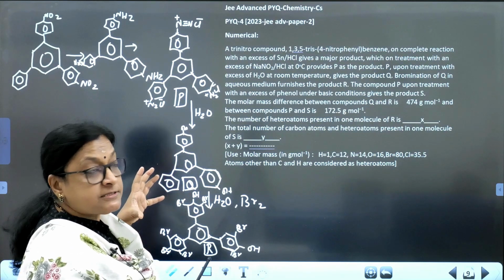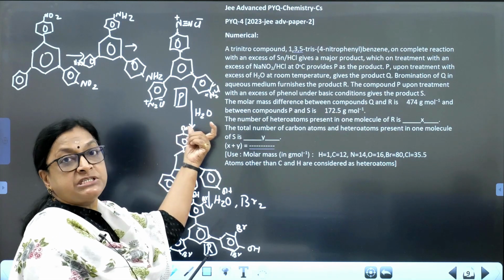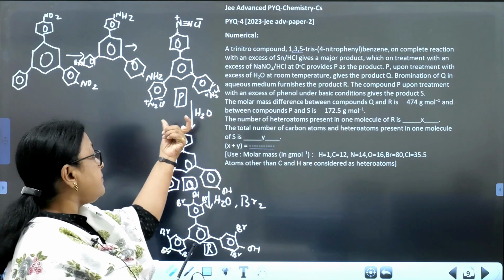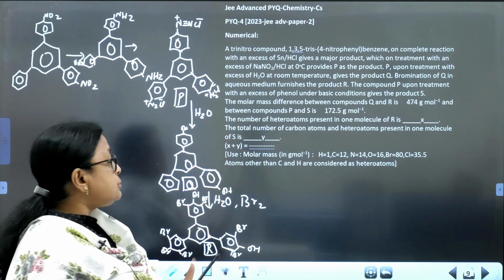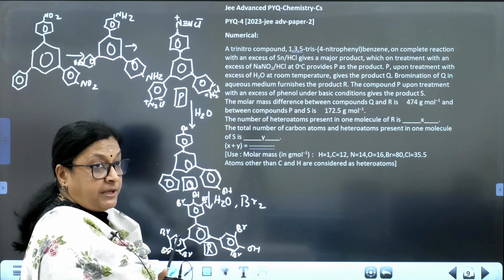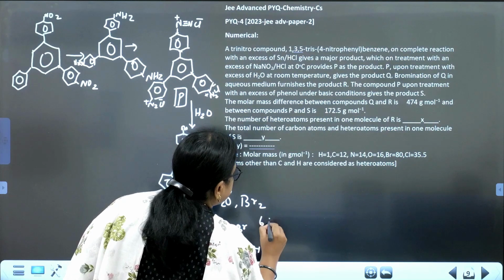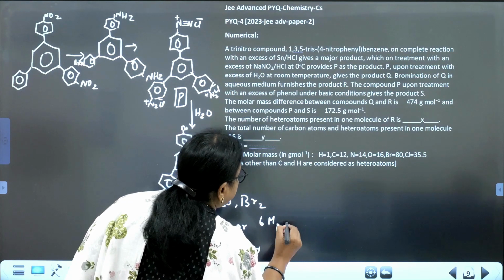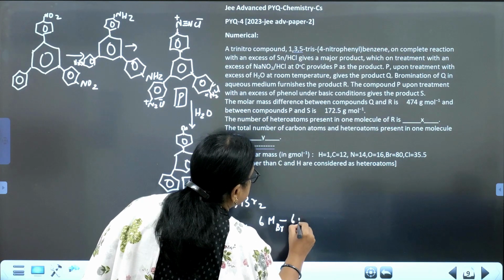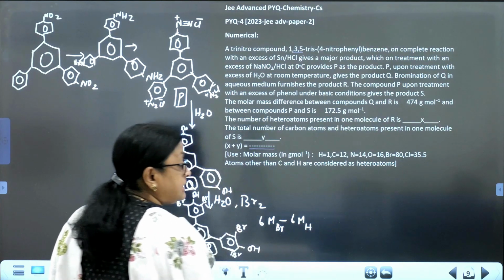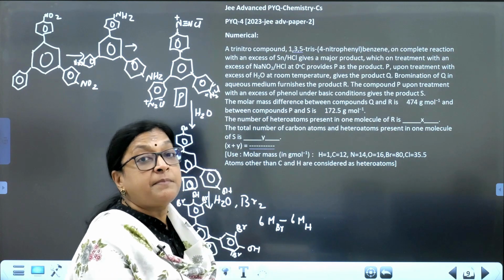Instead of 6 hydrogen, each phenolic group, 2 hydrogens at the ortho positions are substituted by 2 Br each. So the difference should be 6 atomic mass of Br minus 6 atomic mass of hydrogen.